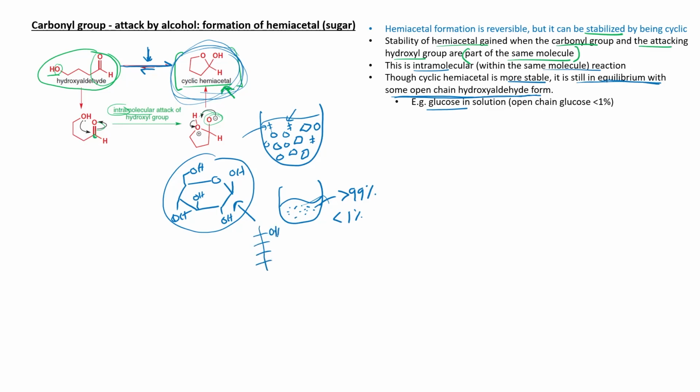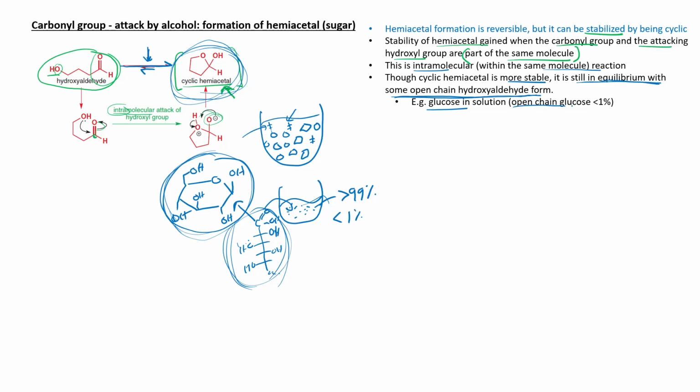The Fischer projection, the OH and so on. The open chain is still available inside the solution, but the amount is very low, maybe 0.01, while the amount of the ring form is far more.